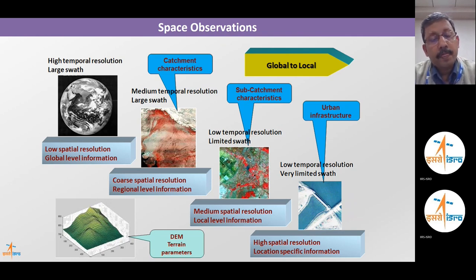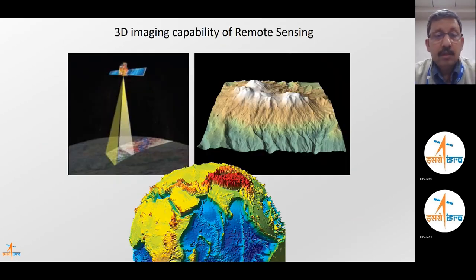But above all, remote sensing provides us the ability to observe in 3D. The 3D imaging capability of remote sensing provides us the digital elevation model, which helps us to identify, especially for floods and other types of disasters, the areas which are likely to be affected or inundated because of the impending or coming disaster.